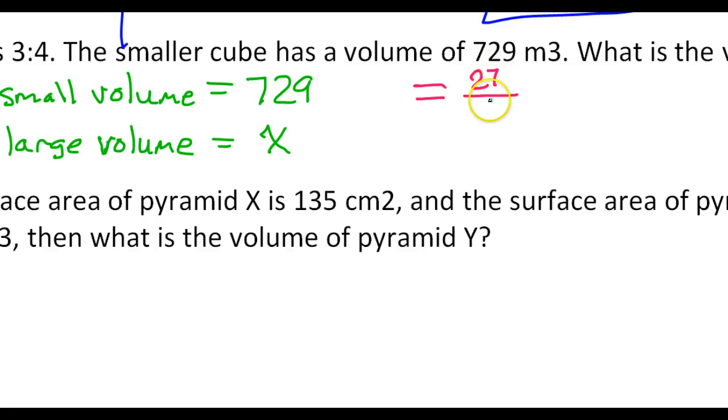We have 27 over 64 equals, small over big. Small is 729, so that goes on top, and x is big. Small over big, small over big. Then you just cross multiply, so along this diagonal, that gives me 27x equals 64 times 729.